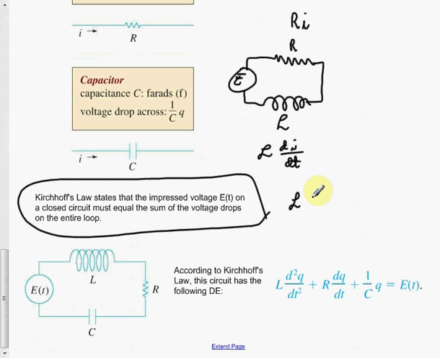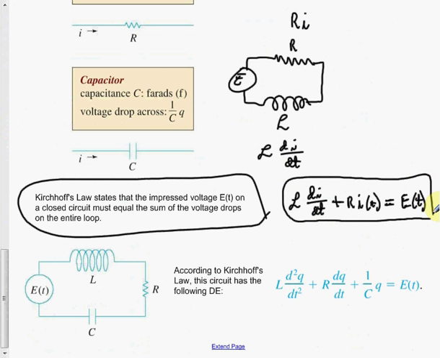Here we have the inductance times di over dt plus R times I. I is a function of time. That's equal to the so-called voltage drop. And later on, we'll be able to actually solve that differential equation. But that's just the setup. It's a first-order linear differential equation, simply based on resistance and also on the inductance.